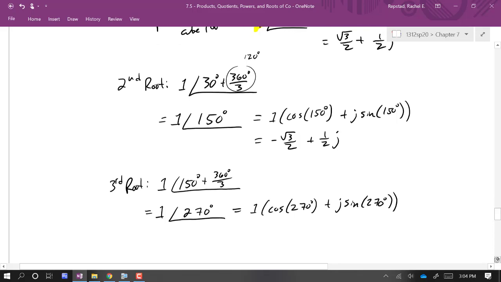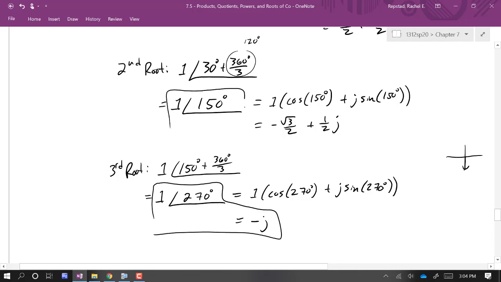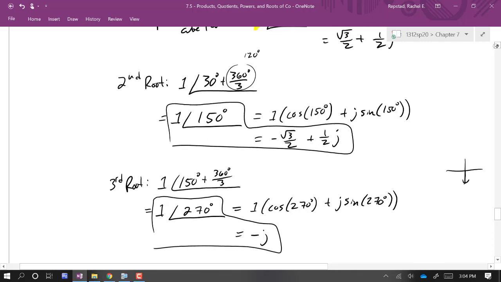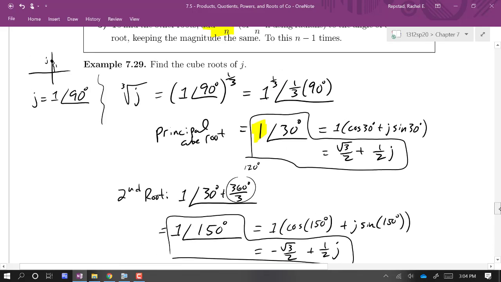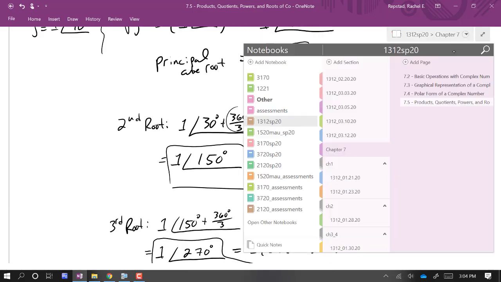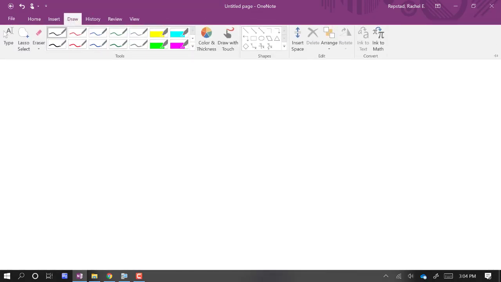We don't really need to write the trigonometric form to figure out where that is, because 270 is straight down, so that's actually negative j. So these are the 3 cube roots. And we can visualize them on the plane. I'm going to jump to another page to draw this out.